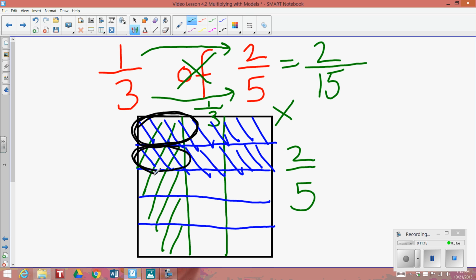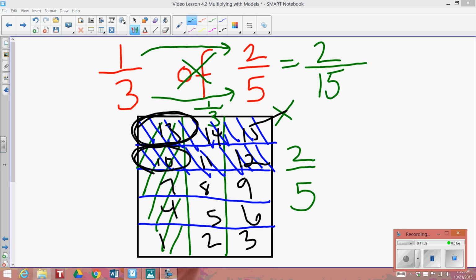So I was correct in the numerator being 2, and let's count up all these pieces. 1, 2, 3, 4, 5, 6, 7, 8, 9, 10, 11, 12, 13, 14, 15. So as you can see, when we take 1/3 of a fifth, we're actually creating a 15th.